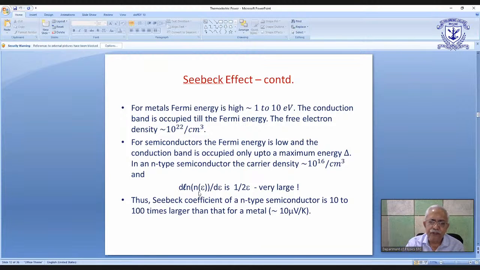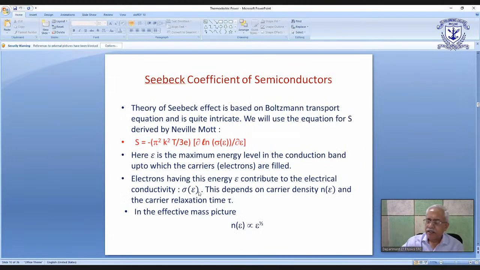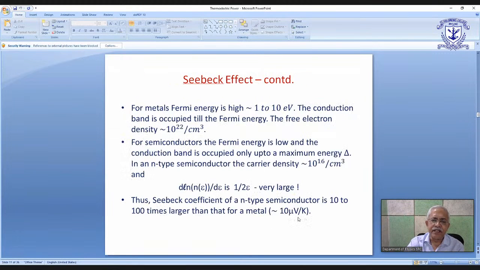Let's go back a few slides. Seebeck coefficient is proportional to this factor. So if this factor is large, then Seebeck coefficient is large. For semiconductors, this factor is large. That is why we find that for semiconductors, Seebeck coefficient can be quite large. Whereas for a metal, the Seebeck coefficient is something like a few microvolt per degree Kelvin.